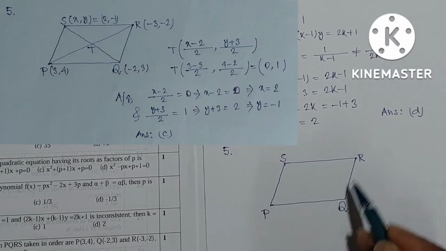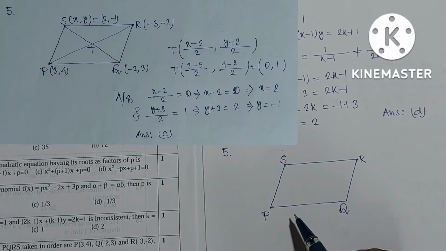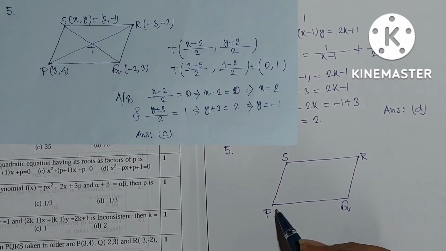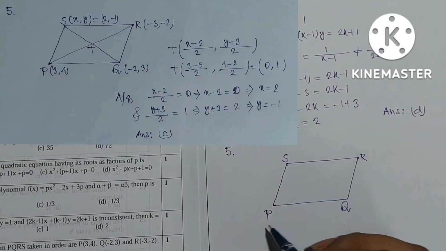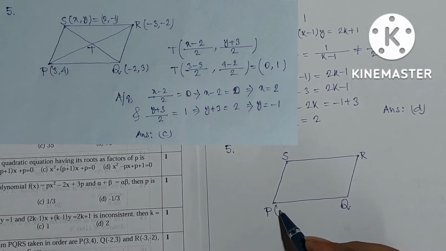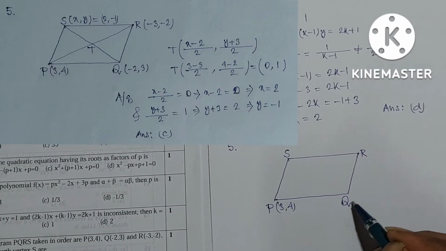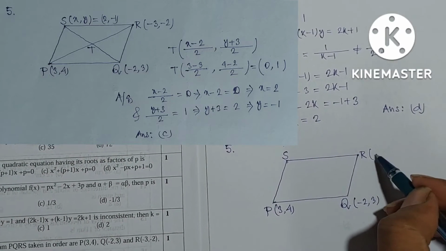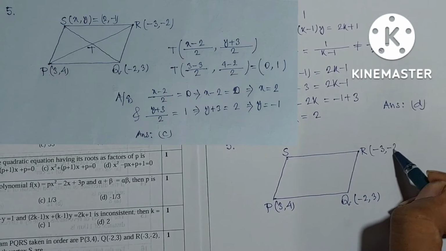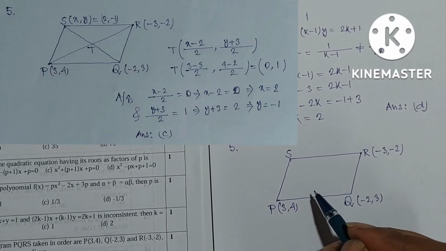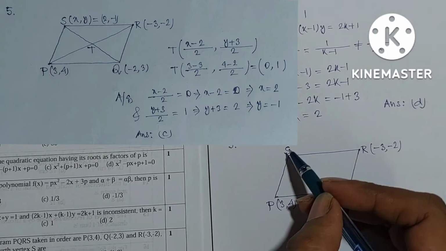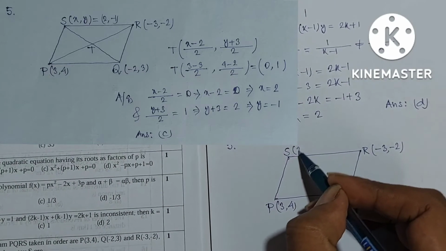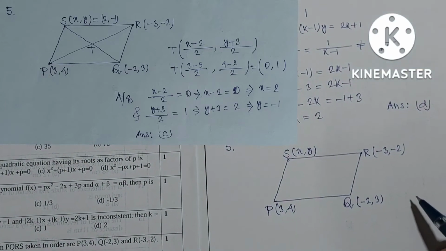The parallelogram PQRS. Here the vertices P, Q and R are given. P is (3, 4), Q is (−2, 3) and R is (−3, −2). Let the coordinate of the fourth vertex, that is S, be (x, y).